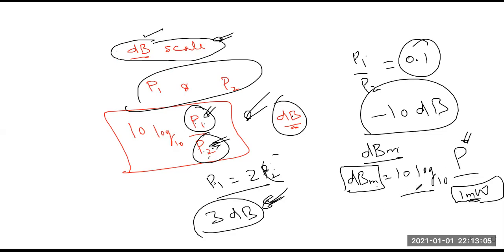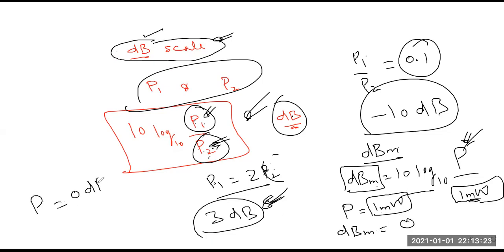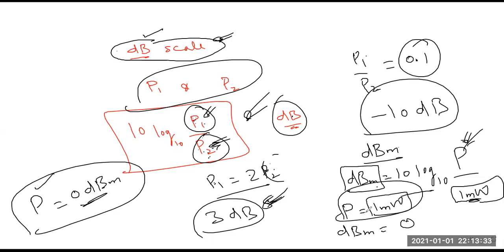Just to give you an idea, if the power value is 1 milliwatt, how much will it be in dBm? You will get 0. So if I tell you that there is some power with a value of 0 dBm, now I know exactly how much this power is: it must be equal to 1 milliwatt.